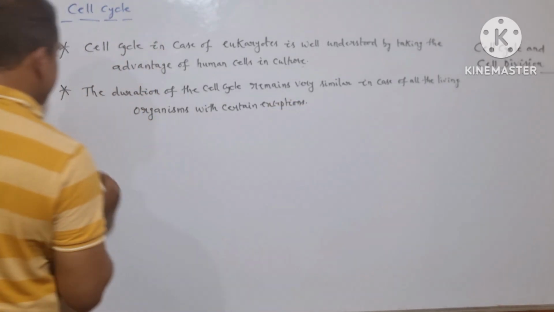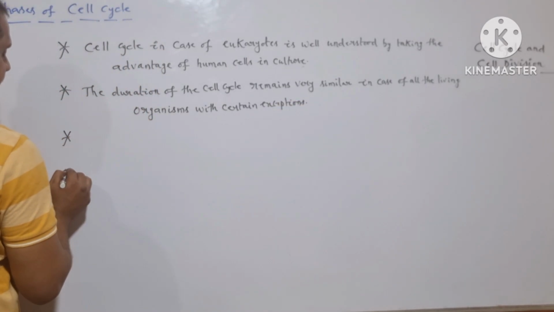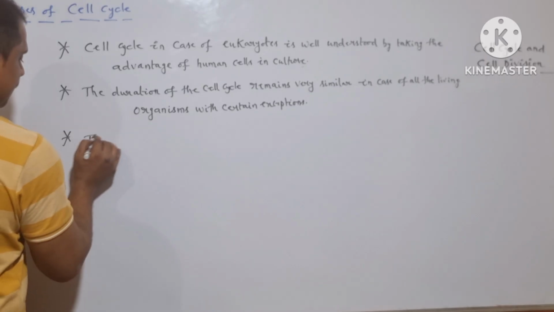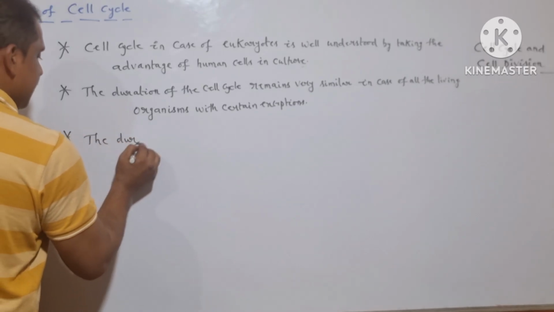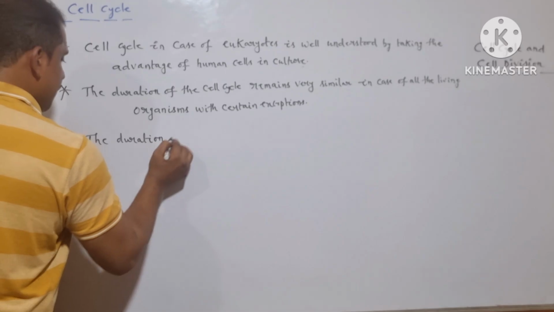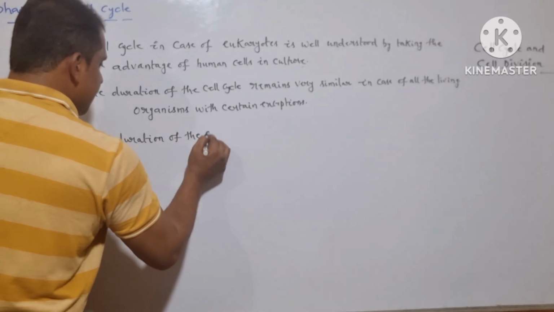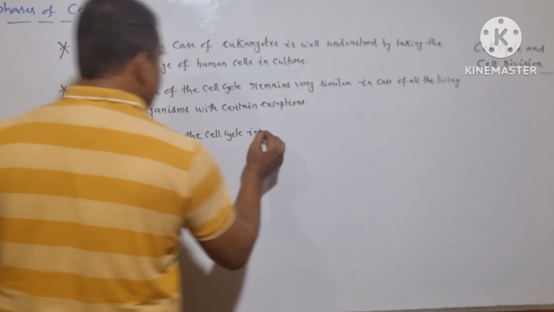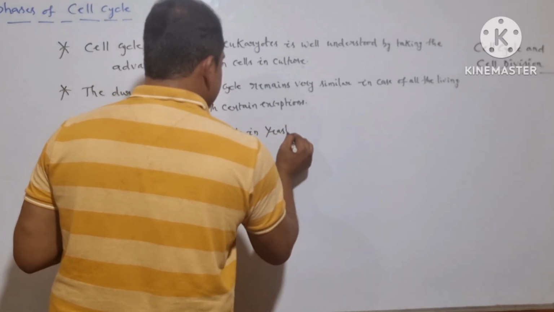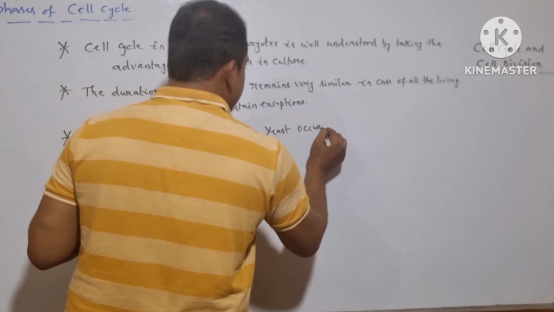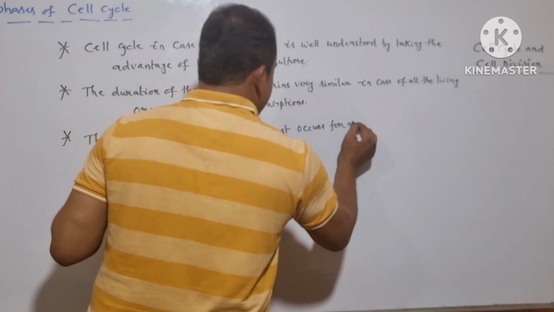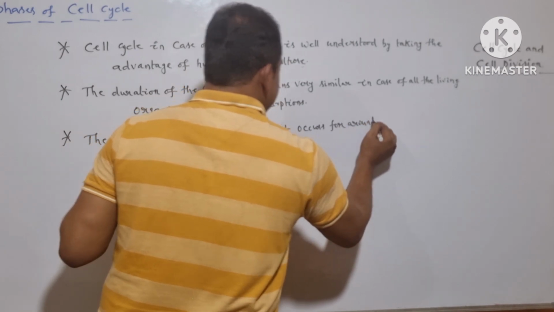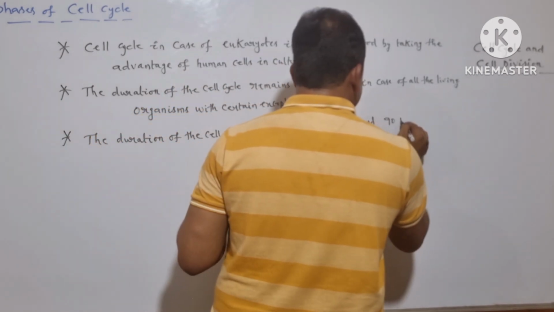So here the duration of the cell cycle in yeast occurs for around 90 minutes. 90 minutes, right?